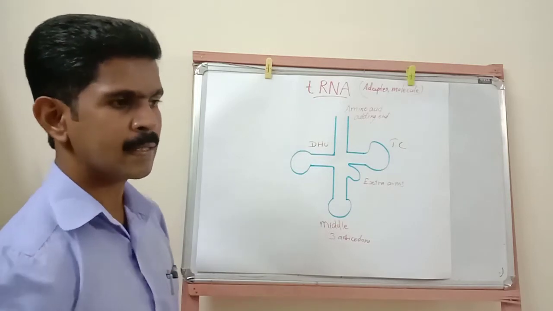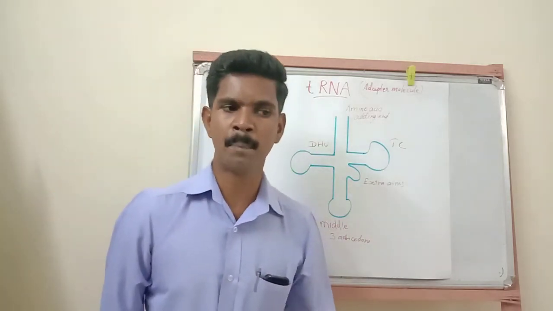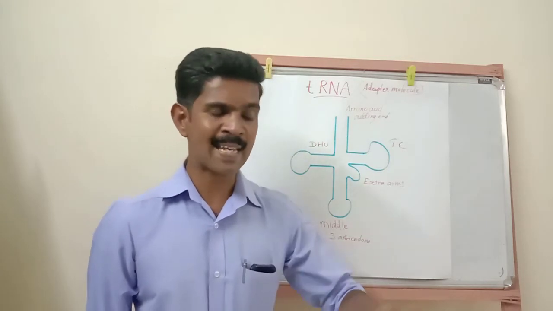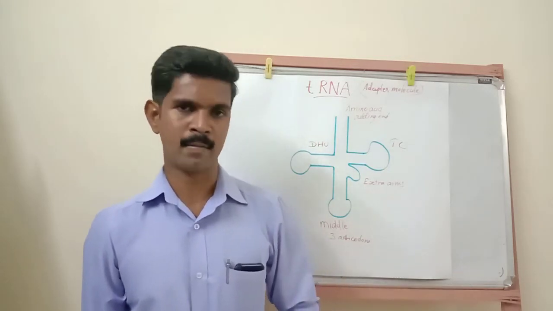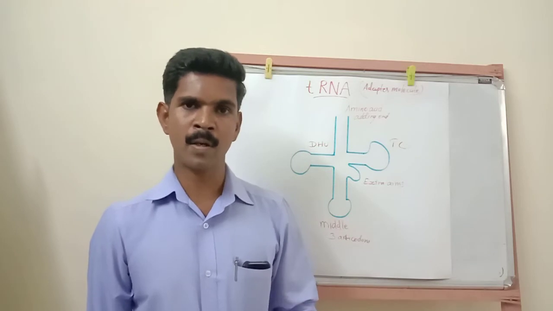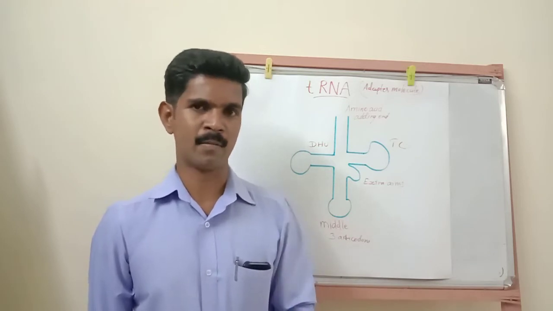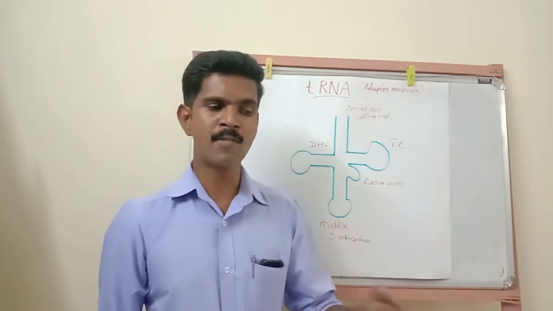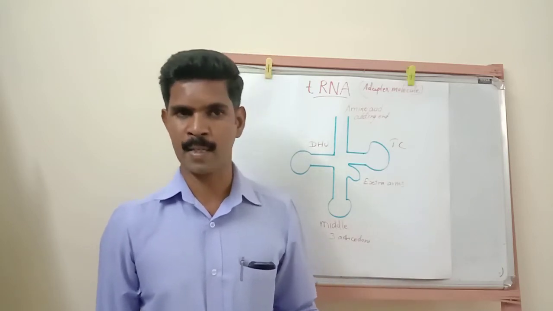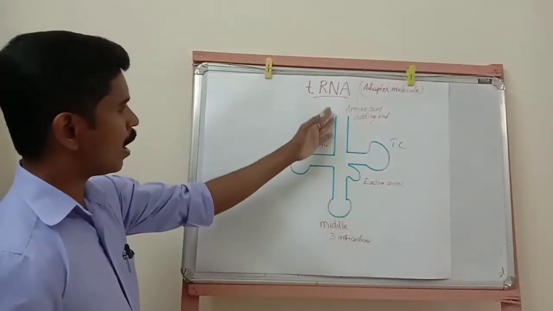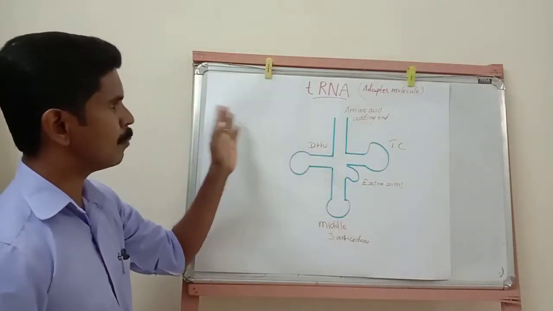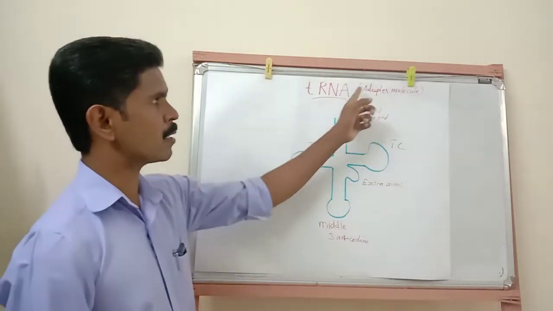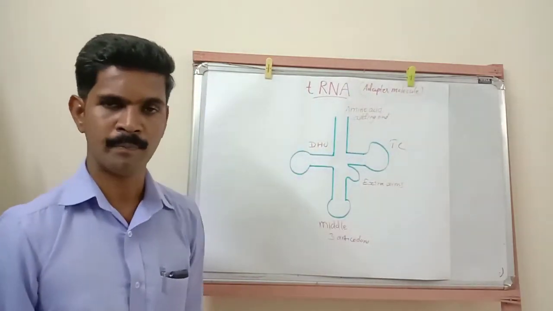The first reason is that the tRNA molecule, T meaning transfer, picks up and carries the amino acids scattered in the cytoplasm of the cell, and this tRNA also codes for mRNA, so it is also known as adapter molecule.